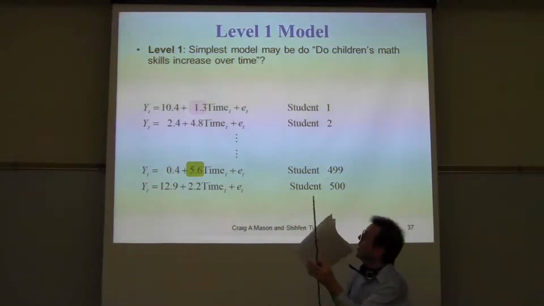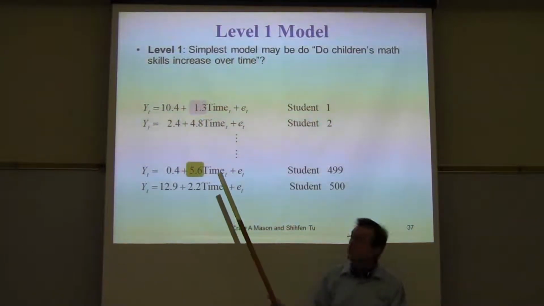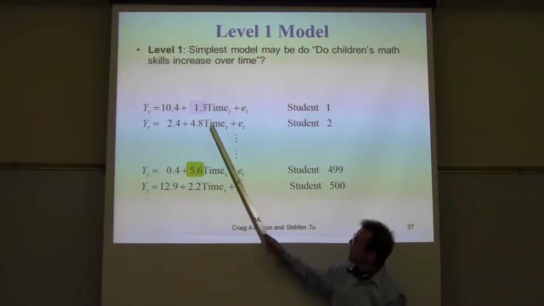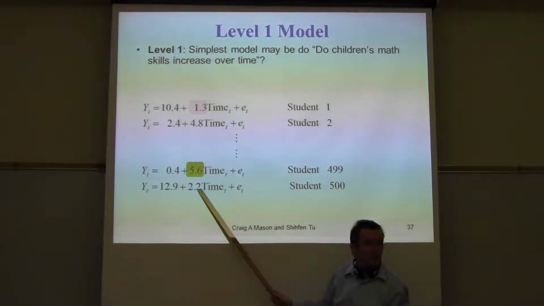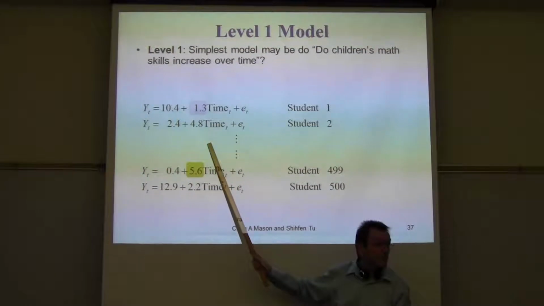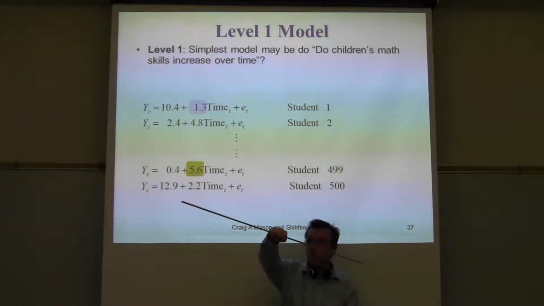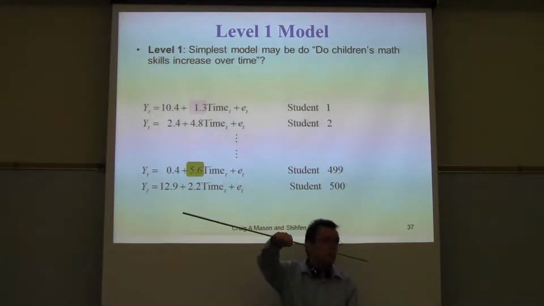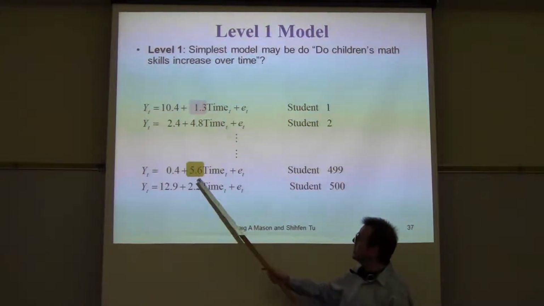You could actually write out all 500 of them and start to ask, well, look, this one's pretty small. That one's pretty big. This one's pretty big. This one's pretty small. You might have one that's negative. They don't have to be positive. You could have someone that's getting worse. Yeah, it happens. Problems are going on in their lives. Who knows?